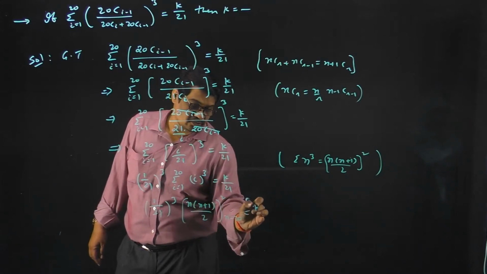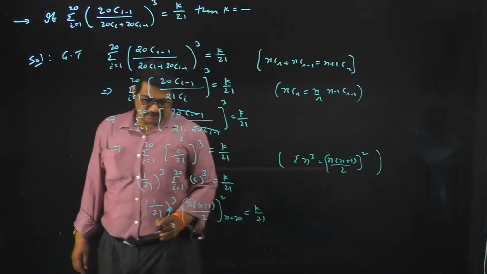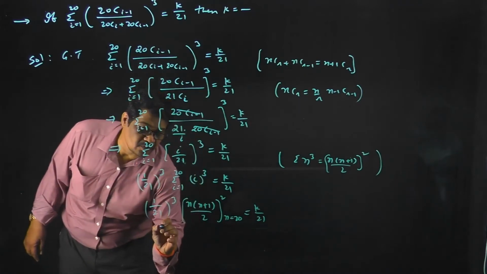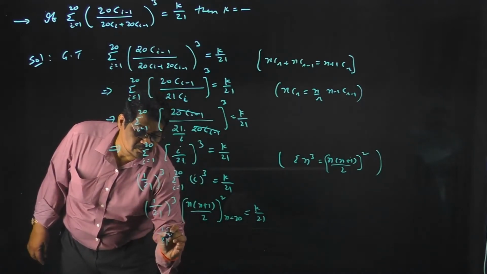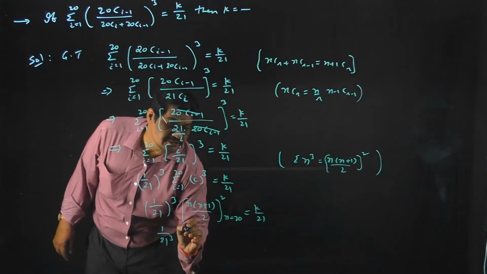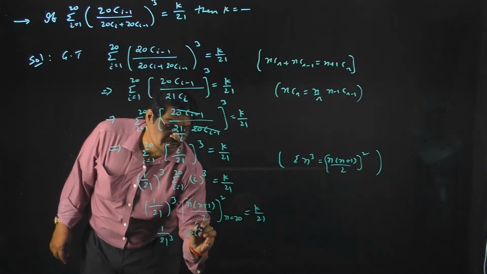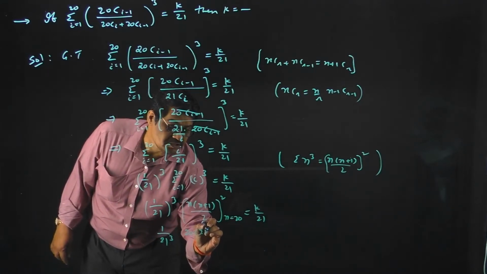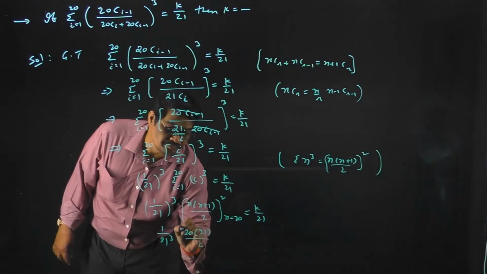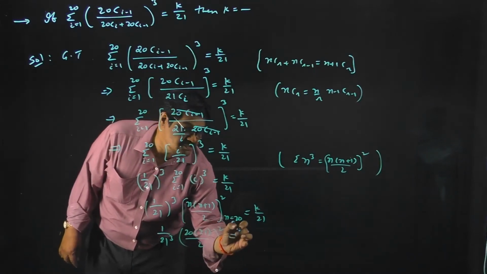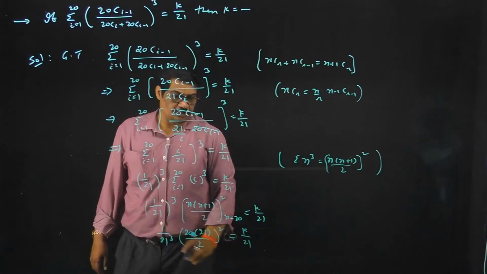So 1 by 21 cube, with n equal to 20, that is 20 into 20 plus 1, that is 21 by 2 whole square, equal to k by 21.